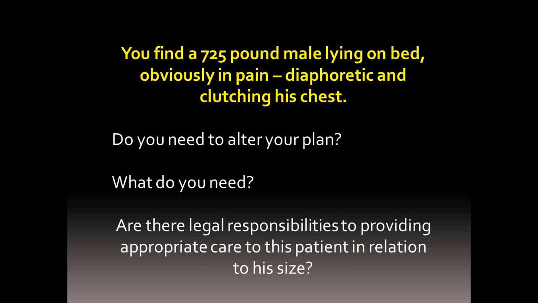Another group ran down and they rented a moving truck. They took the scene lights and the generator from the back of the fire truck. They put them inside the moving truck. They put down a tarp and plywood, and they pulled the patient out of the bedroom, across the porch on a tarp and a sheet, over the plywood, and up into the moving truck.